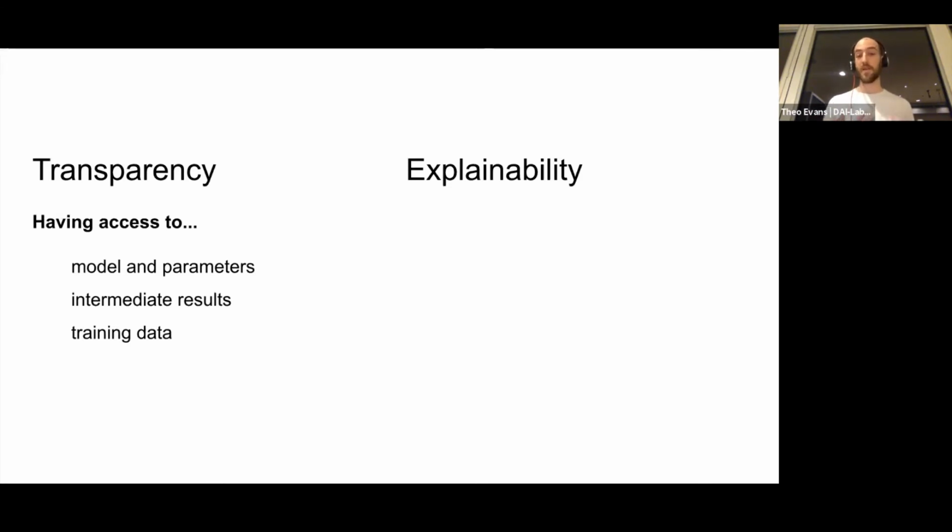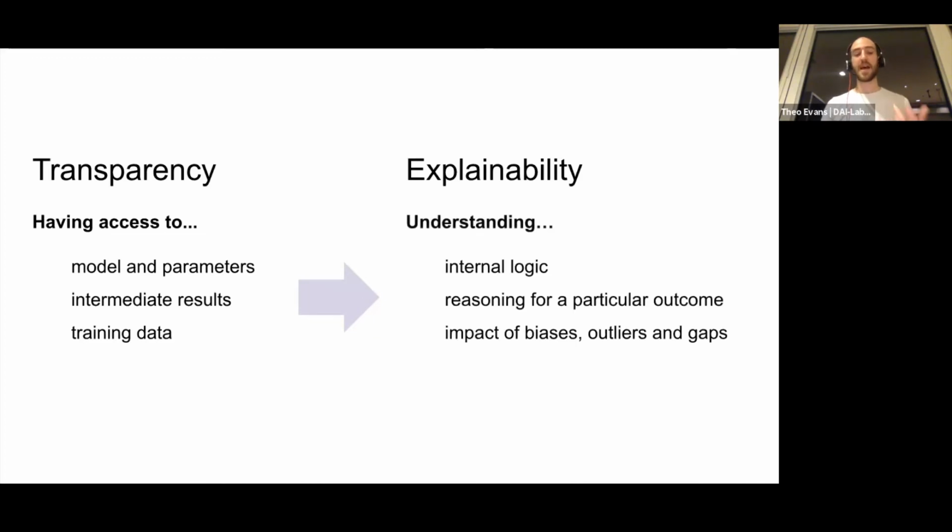And this is very important, and this is a legal requirement to have this access, but we can take this a step further with explainability. And we talk about explainability as understanding, for instance, the internal logic that our models use to reach an outcome, and not just having the training data, but really understanding the impact of biases, outliers, and incompleteness in that data.